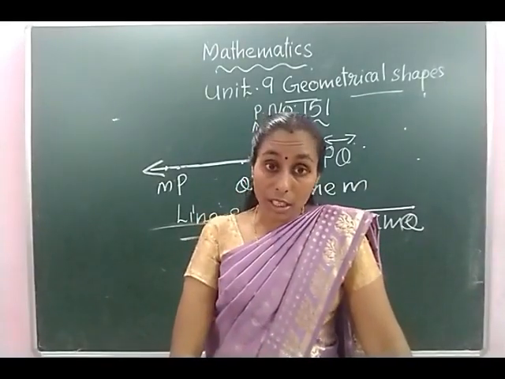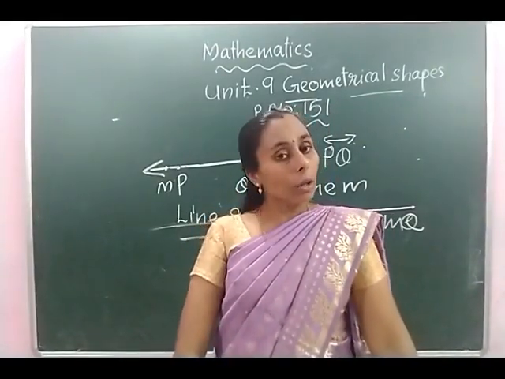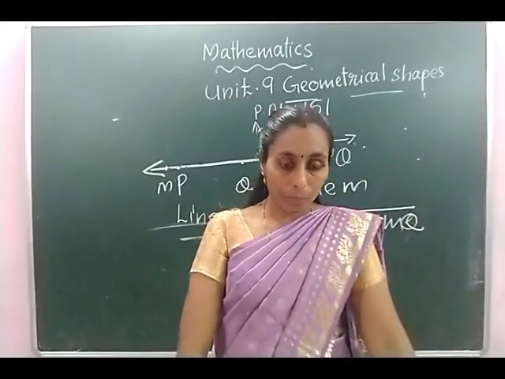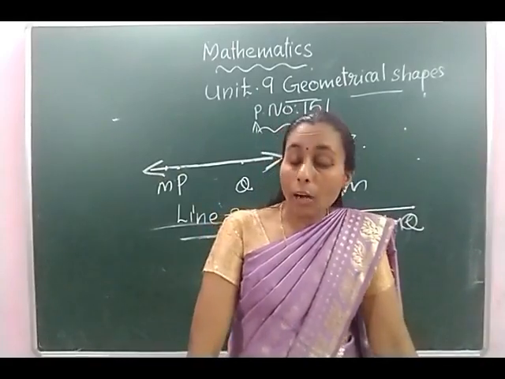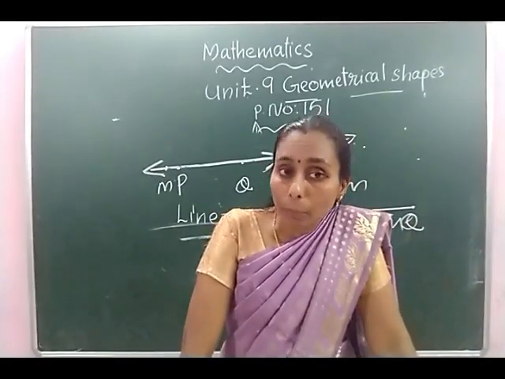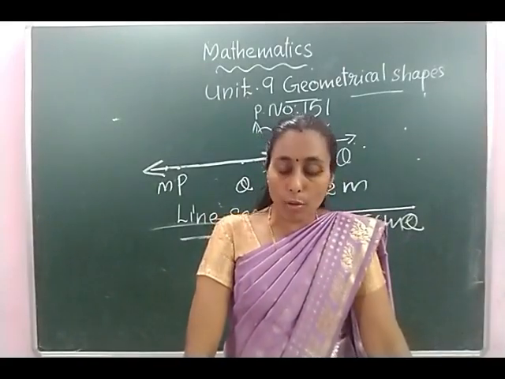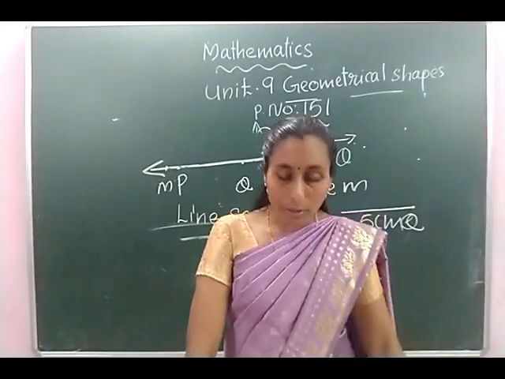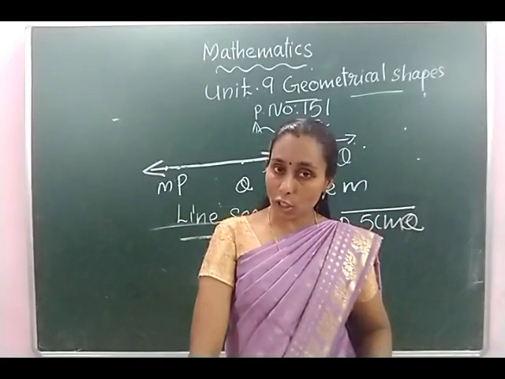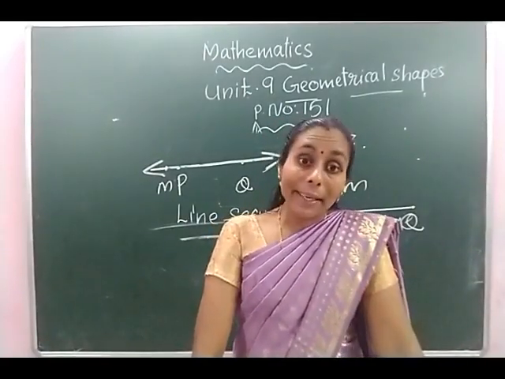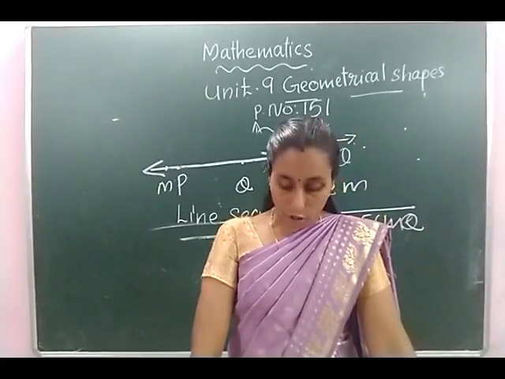Next one, point. A point is a position in a given space or a dot represented on a plane surface. How can we give a name to a point? By using a capital letter. Next one, line. A line is a collection of points extending endlessly in both directions.